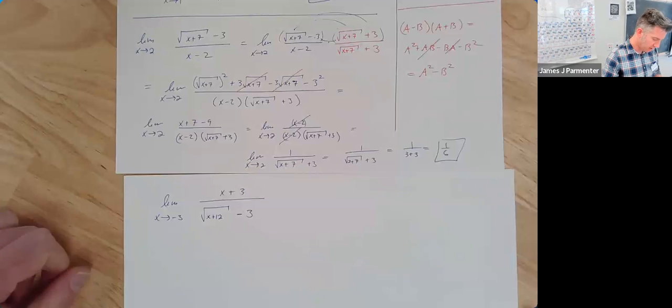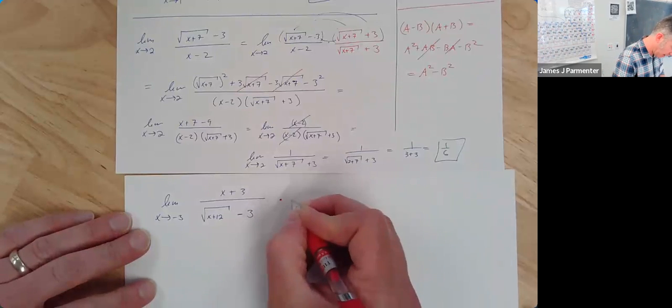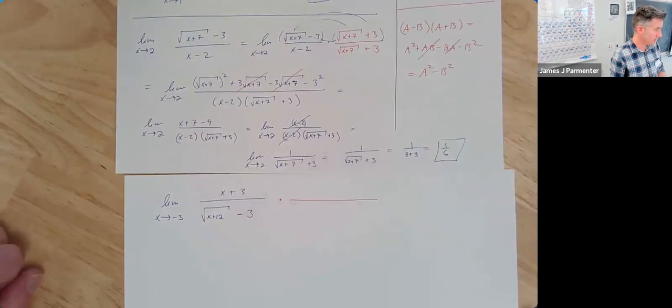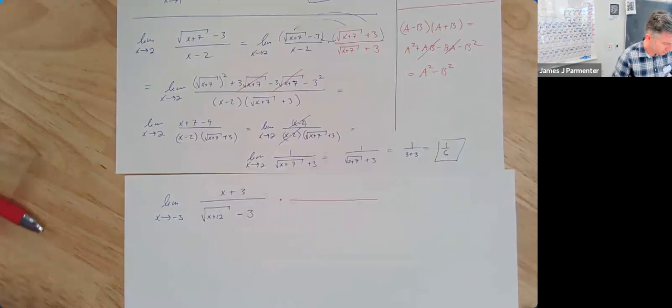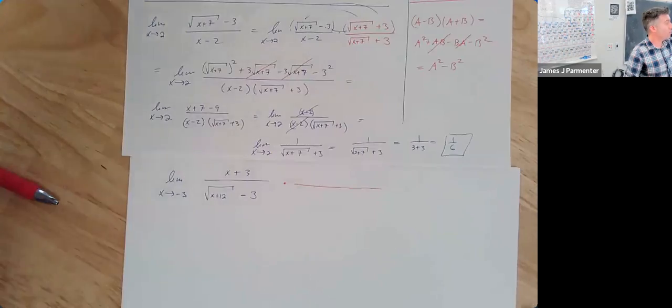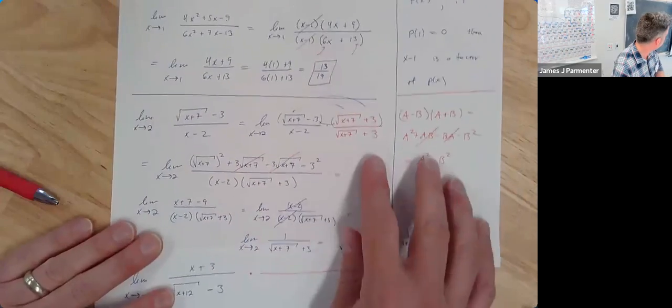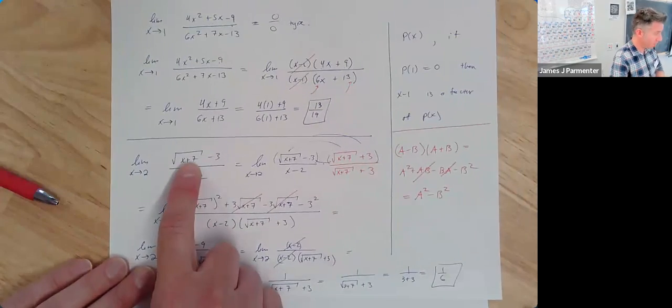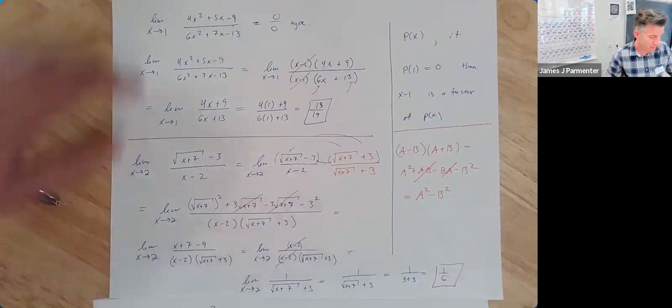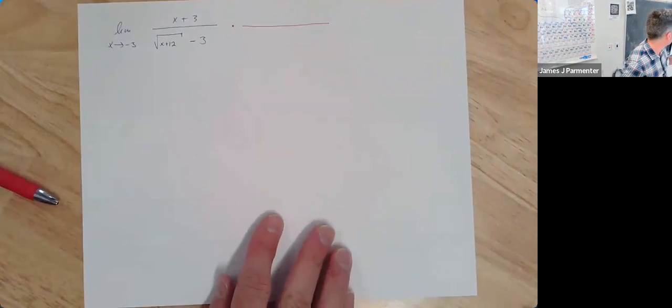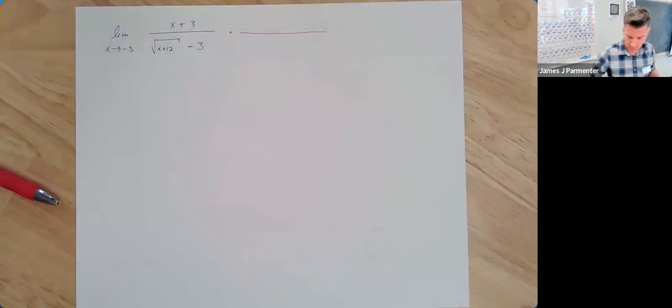Try multiplying the top and the bottom by the conjugate of which part? The top or the bottom? The bottom, right? Because it has to be the thing with the square root. So try that. Just like in the previous problem, when the square root was on top, we multiply by the conjugate of that. It's whatever the conjugate of the square root part is.